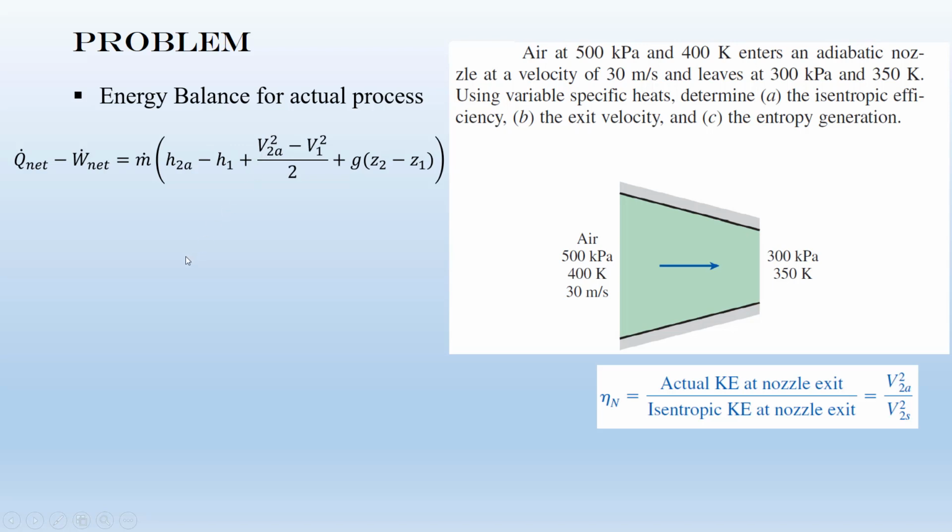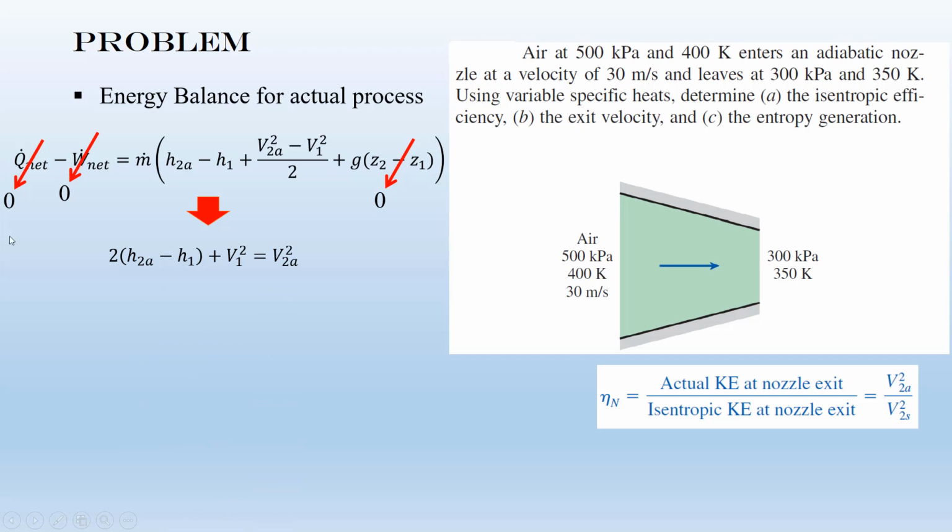Okay, if you want to simplify this equation, the first thing is that this is an adiabatic nozzle, correct? It's adiabatic, so you can cancel Q. There is no W for these nozzles. And then you need to keep the enthalpies and the velocities, and you can cancel the changes in potential energy.